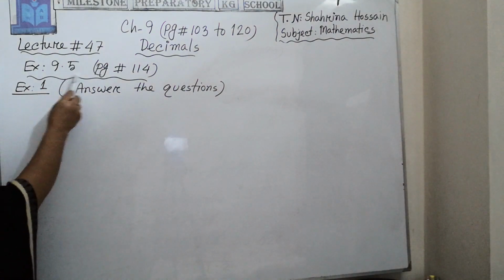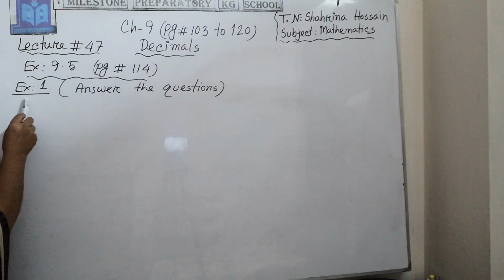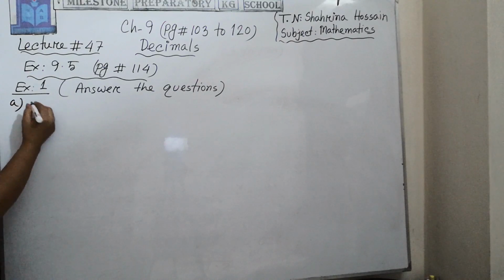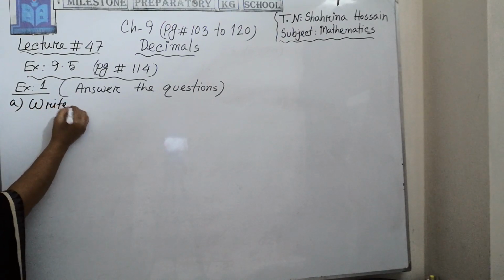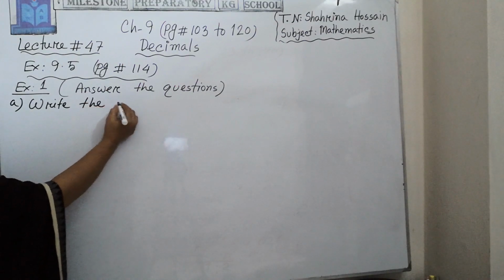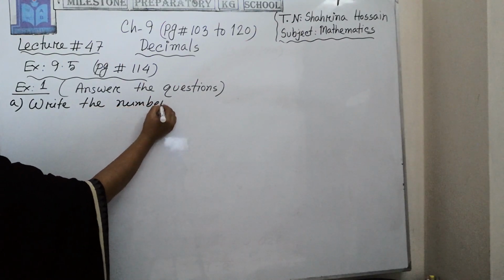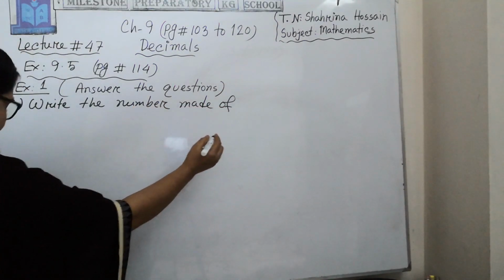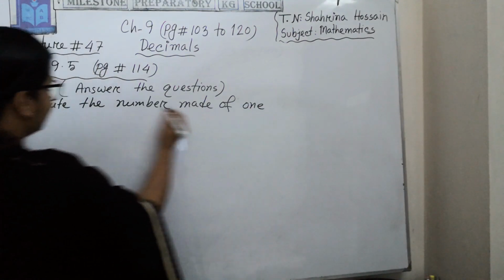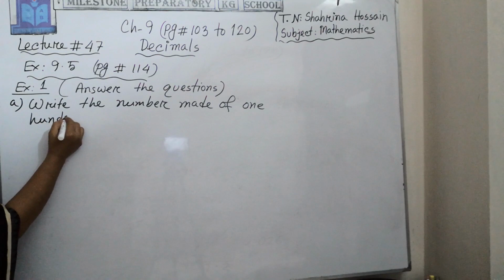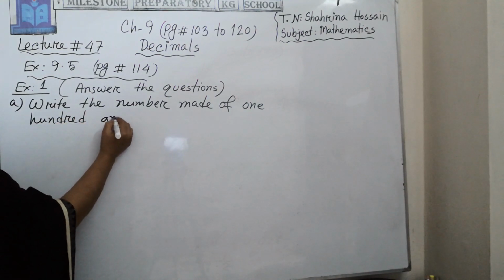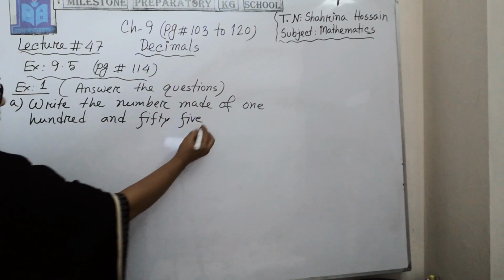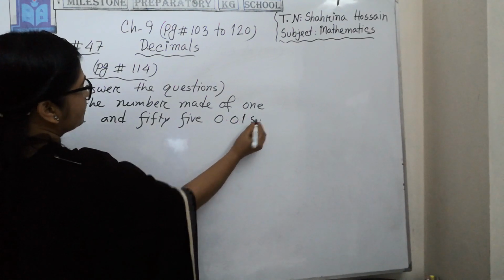Exercise 9.5, page number 114. Exercise number 1, answer the question. Number A, write the number made of 100 and 55 0.01s.